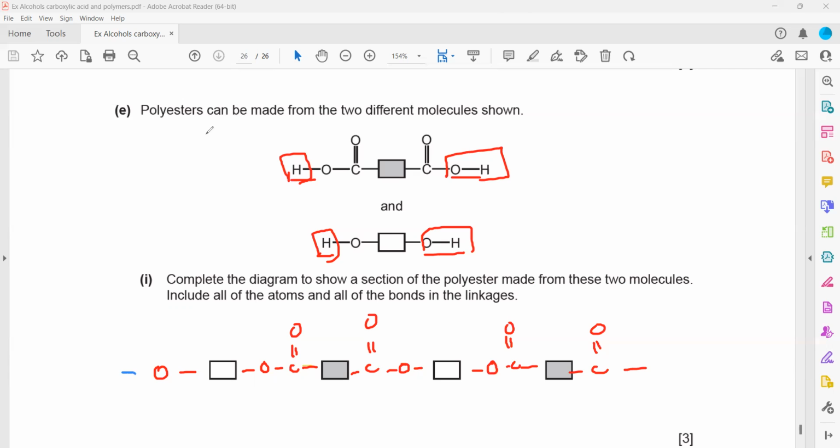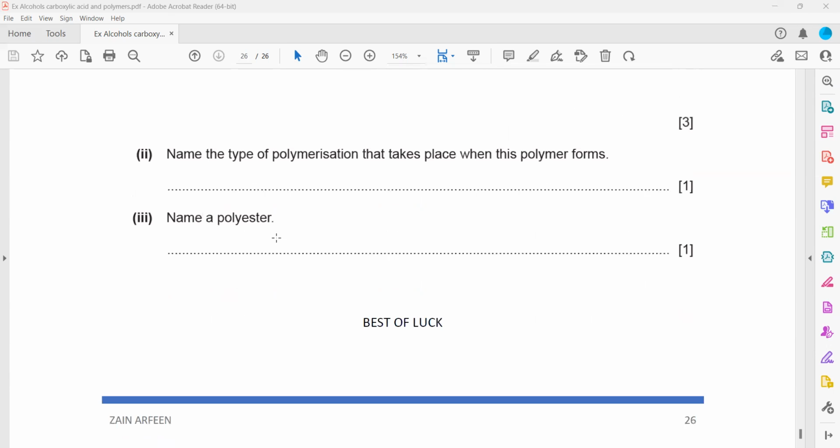We just have to complete the diagram to show a section of a polymer. When we want to draw a section of a polymer, part of the polymer, we don't have to put a bracket. We don't have to put n when we are drawing part of the chain. If the question was to draw the polymer form, then we'll put a bracket and write it. Then name the polymer.